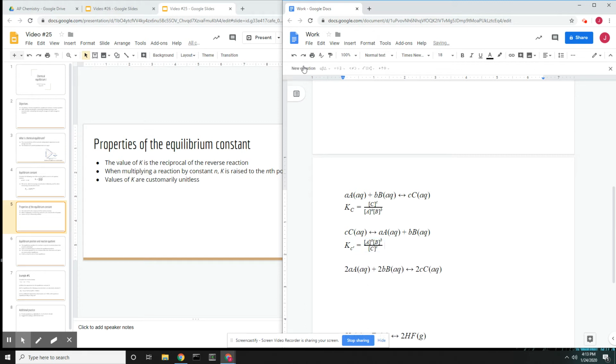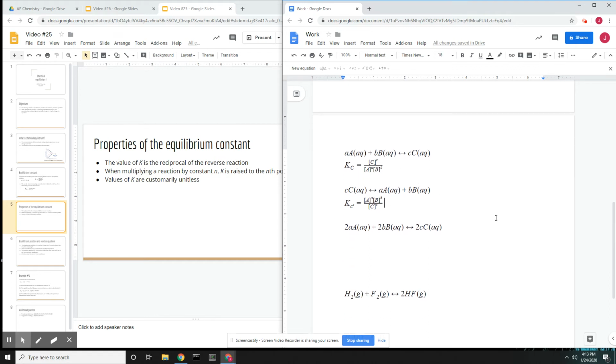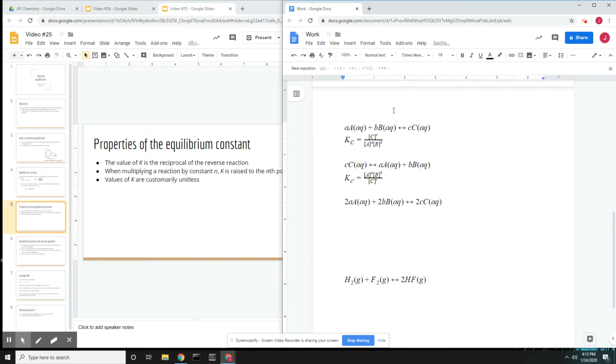It just so happens that if you flip the reaction, then the new equilibrium constant is going to be the reciprocal, meaning just K raised to the -1 power. And then I have another reaction really similar to the first one, except everything is multiplied by 2, all of the coefficients.